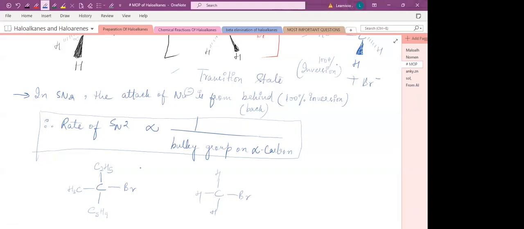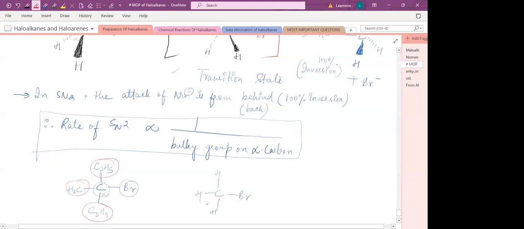Because the rate of SN2 reaction is inversely proportional to the bulky group attached on the alpha carbon. The halogen is attached to this carbon, so this carbon is known as the alpha carbon. You can see that on the alpha carbon there are 3 bulky groups, C5H9, CH3 and C2H5.